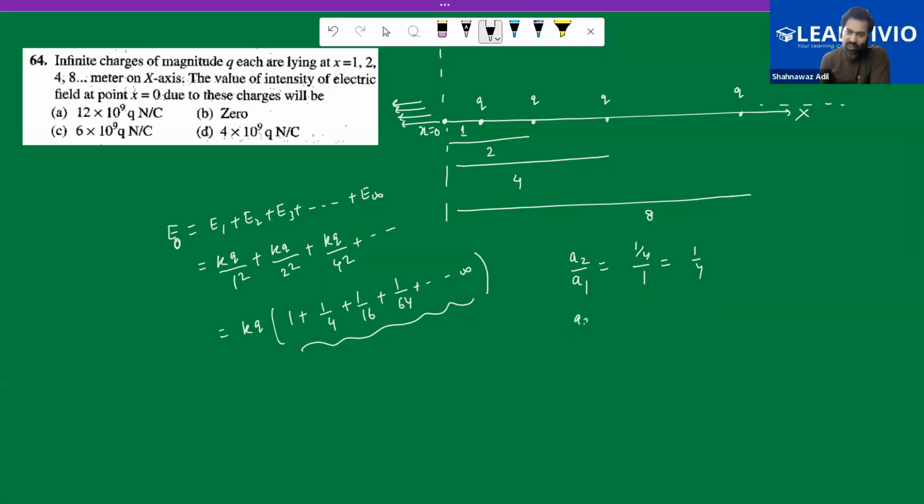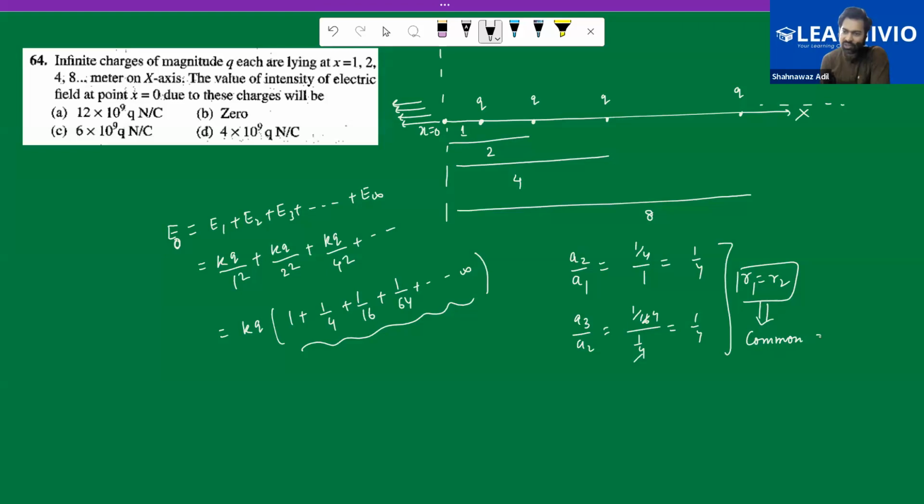If I calculate A3 by A2, that would be 1 by 16 divided by 1 by 4. So again, this is 1 by 4. So these ratios are equal, right? These are R1 and R2. These are called common ratio.